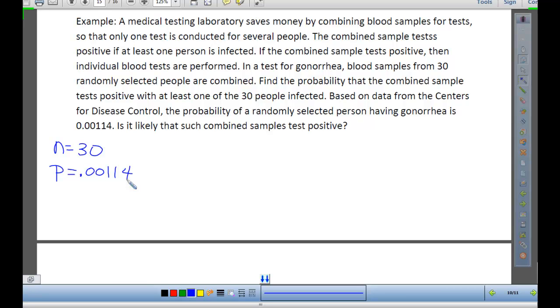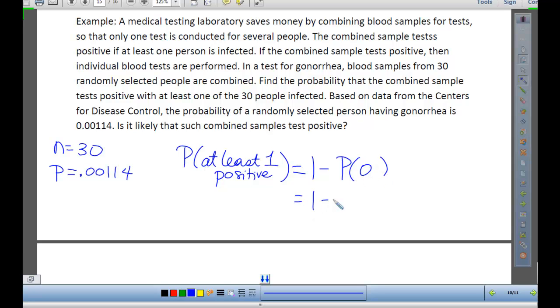All right, so we're interested then in the probability that at least one is positive, and so we get what? 1 minus probability of 0, which we're going to calculate as binomial PDF.